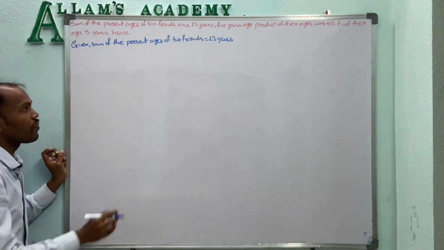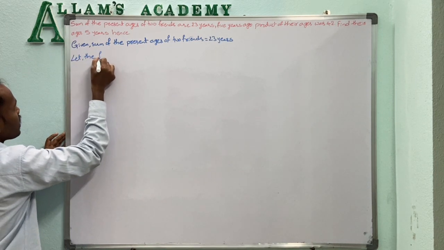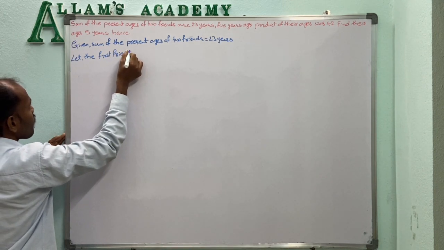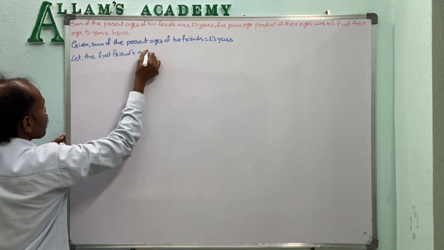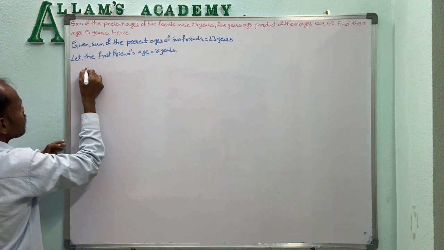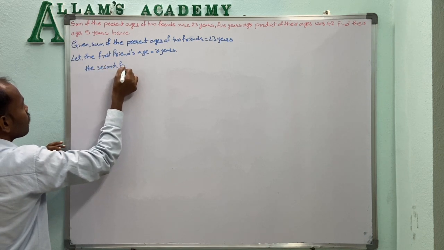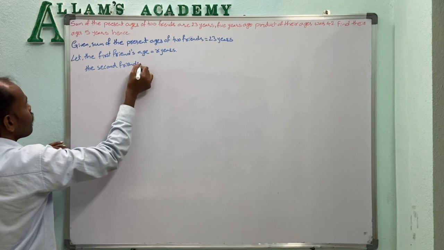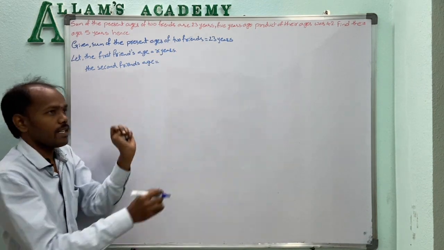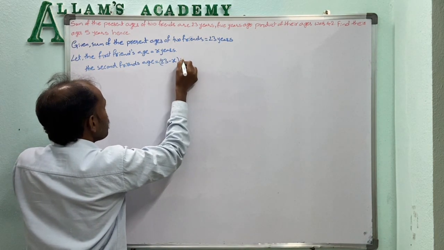Now we let the first friend's age be x years. Now the second friend's age is nothing but 23 minus x. Why? Because their sum is only 23.